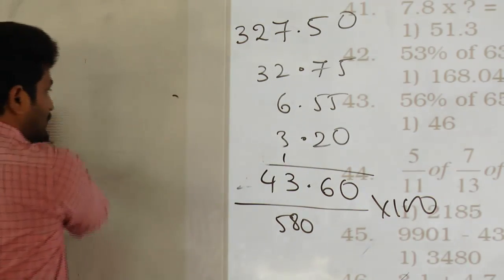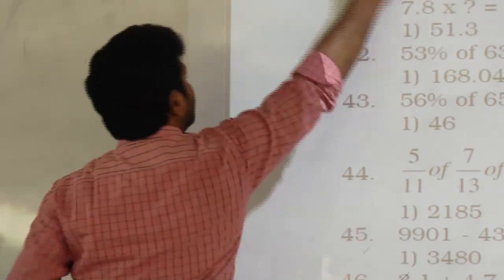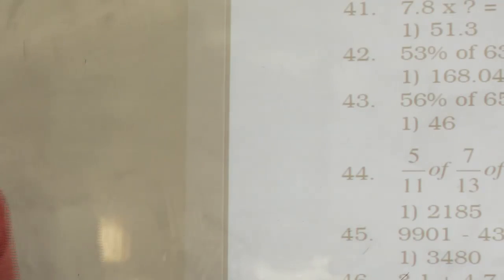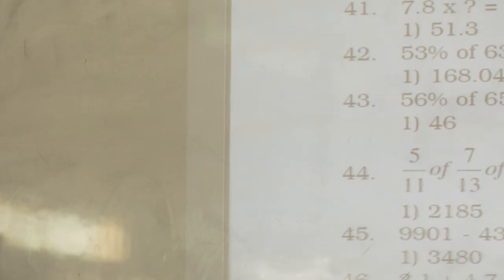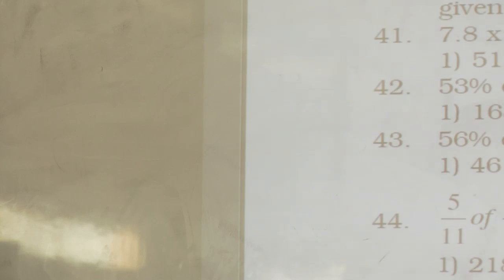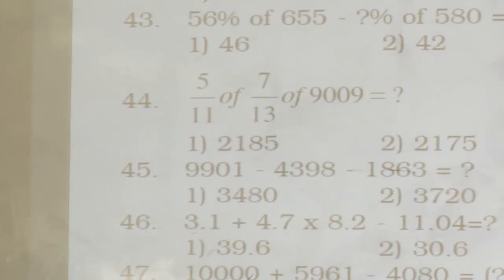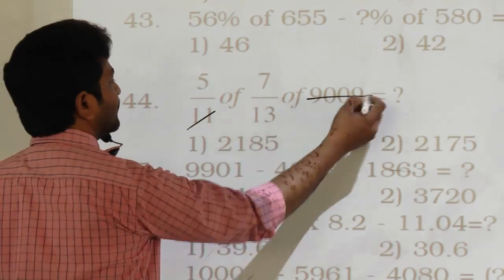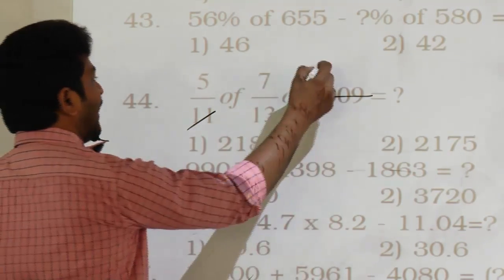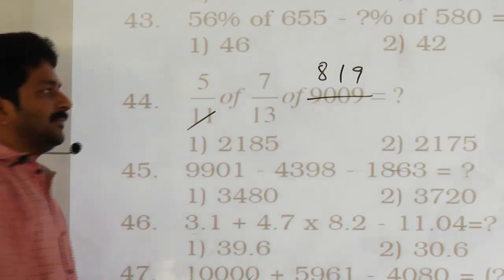Next, 44. Come on. 11 how many times? 11 8 times, you have 20, 1, again 9.